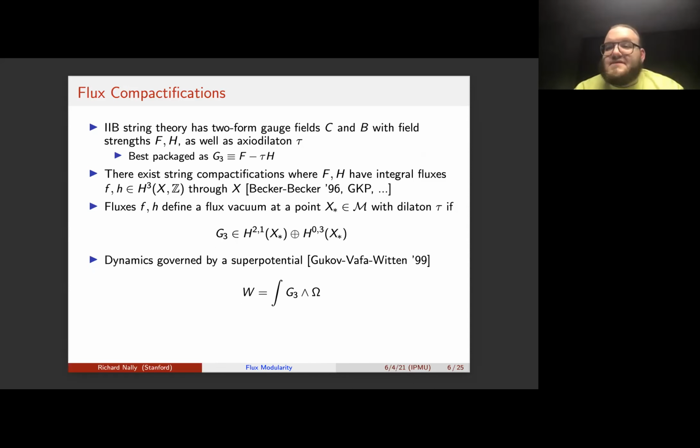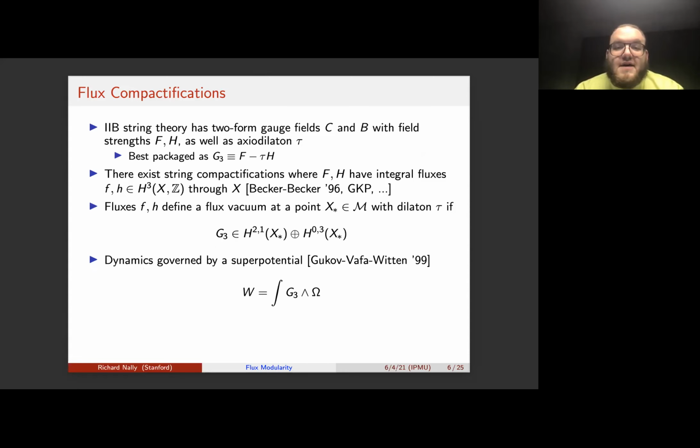And that's what happens in flux compactifications. 2B string theory has two form gauge fields called C and B with field strengths F and H, and we have a complex scalar tau.